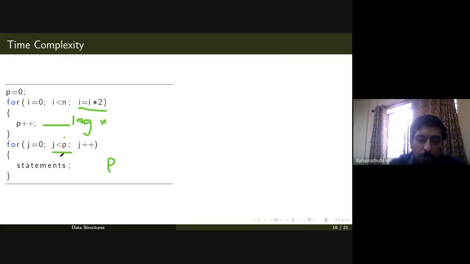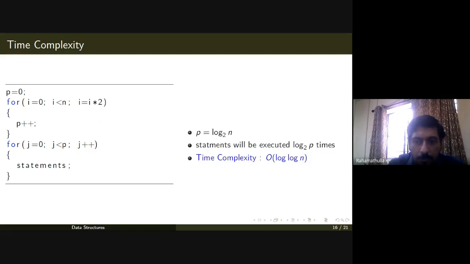So the total time taken will be, let's say you take this as p, then p equal to log n, then the statement will be executed log p times.